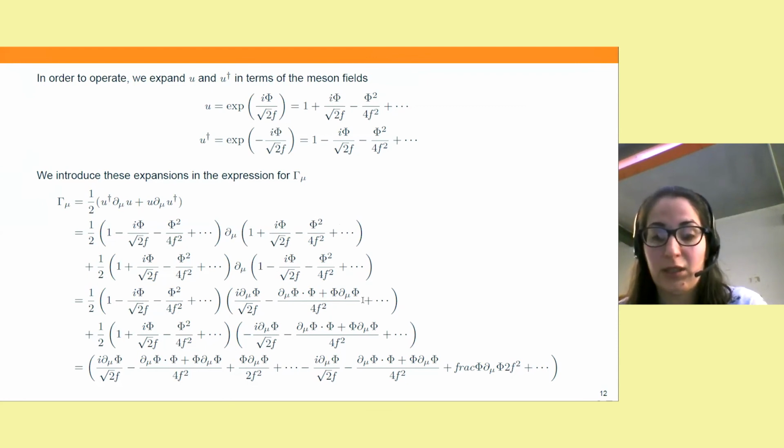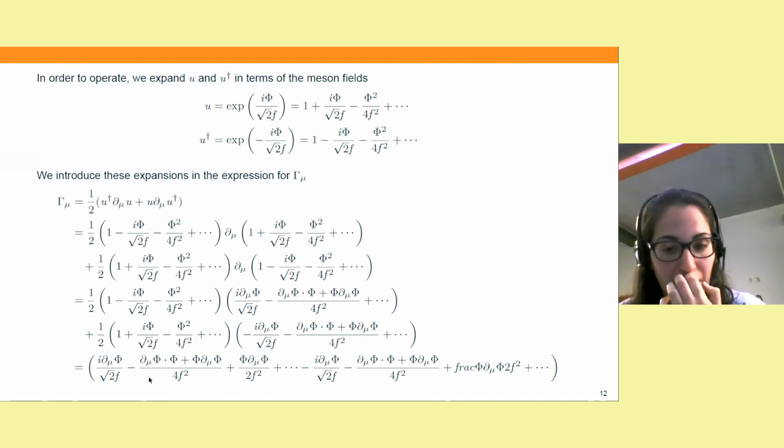We have to keep in mind that they don't commute, so we have to act with the derivative on each of the two fields. And the same for the second term here with the u dagger. Oh, here there was a typo.